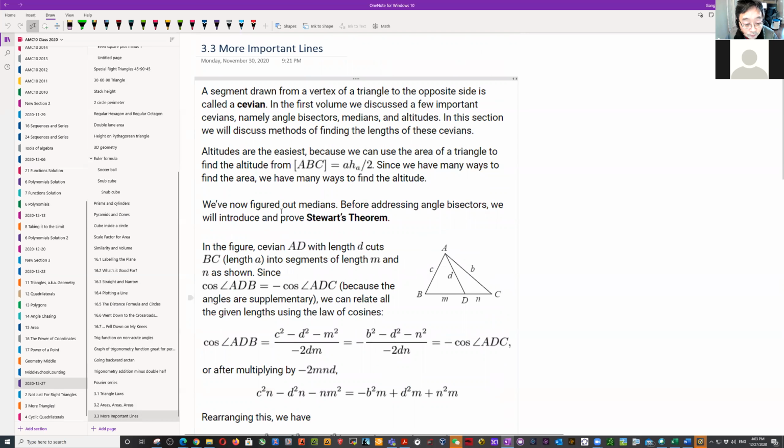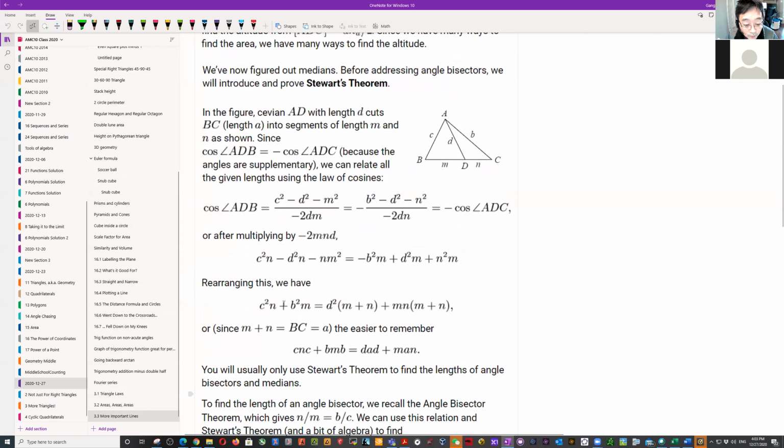Stewart's theorem is still using the sine and cosine functions. It's using the cosine of angle ADB, and cosine ADB can be represented by the sides of CDM.